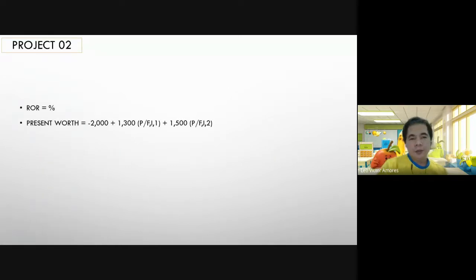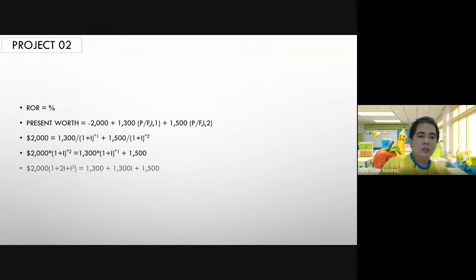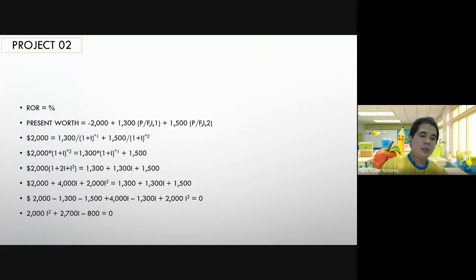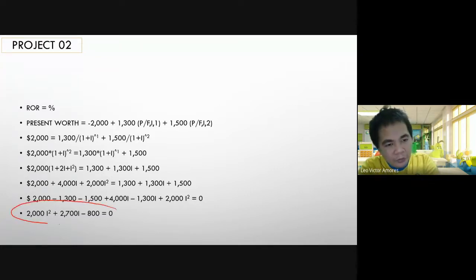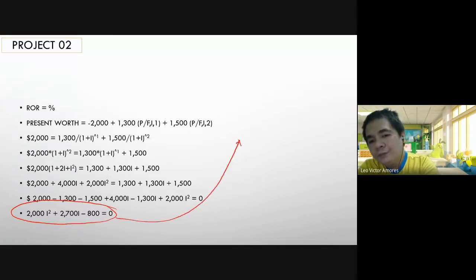Okay, so as you can see, I already simplified the equation. For this last portion of your equation, you can go to your calculator and go to equation mode. Then the degree is 2.